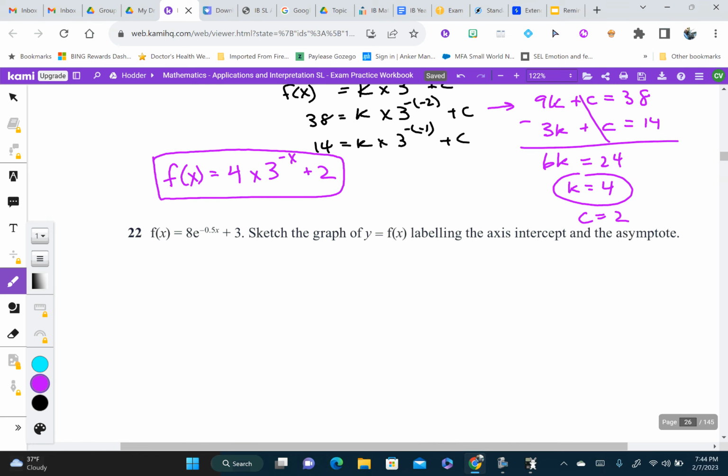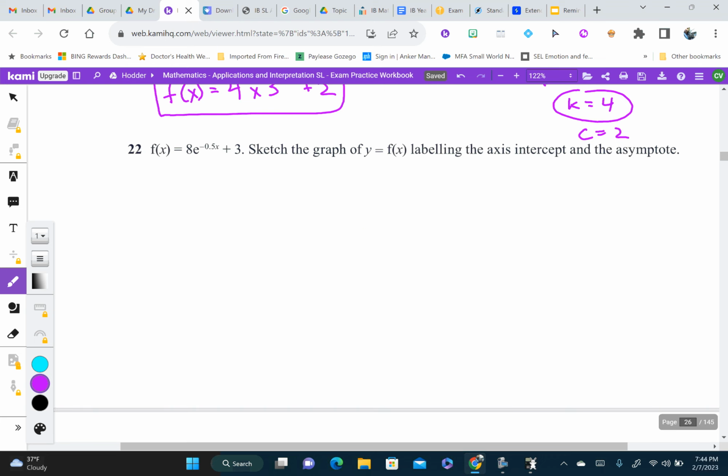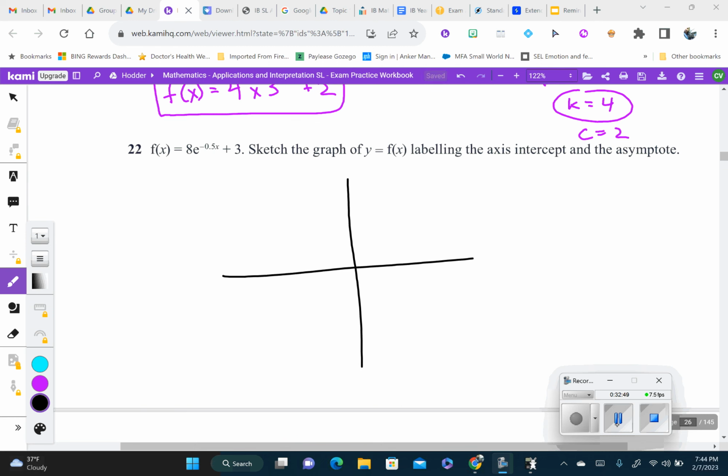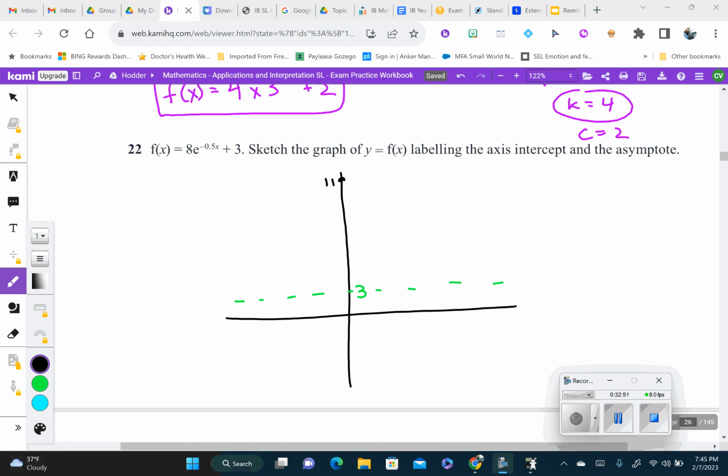Alrighty, sketch the graph, label the x-intercept and the asymptote. So I have my x and y axis here. I'm going to sketch this, which means that our calculator comes in handy. Look at the graph. You're going to get something that goes through 0, 11. And remember, asymptote means that this graph never crosses that line.